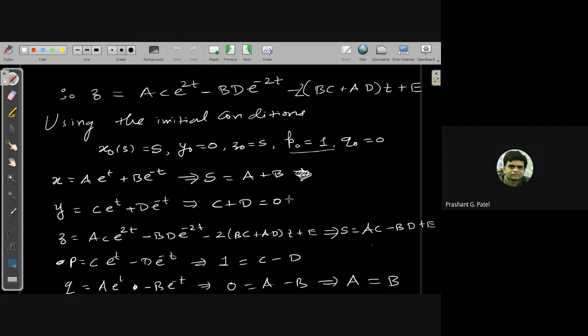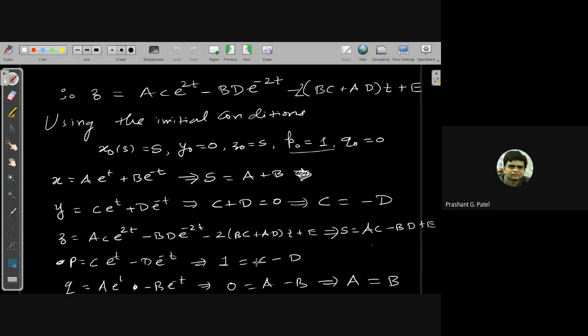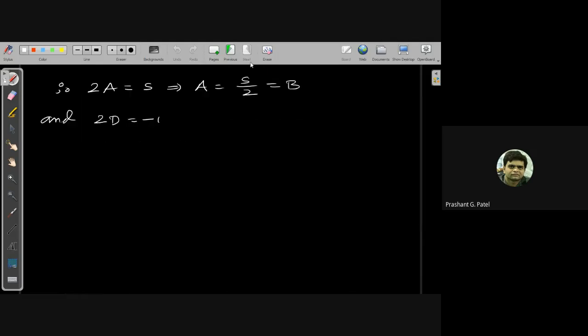Since c plus d is 0, this gives me c equal to minus d. If I use this value, c equal to minus d, here, then we get 2d equal to minus 1, which gives me d equal to minus 1/2.